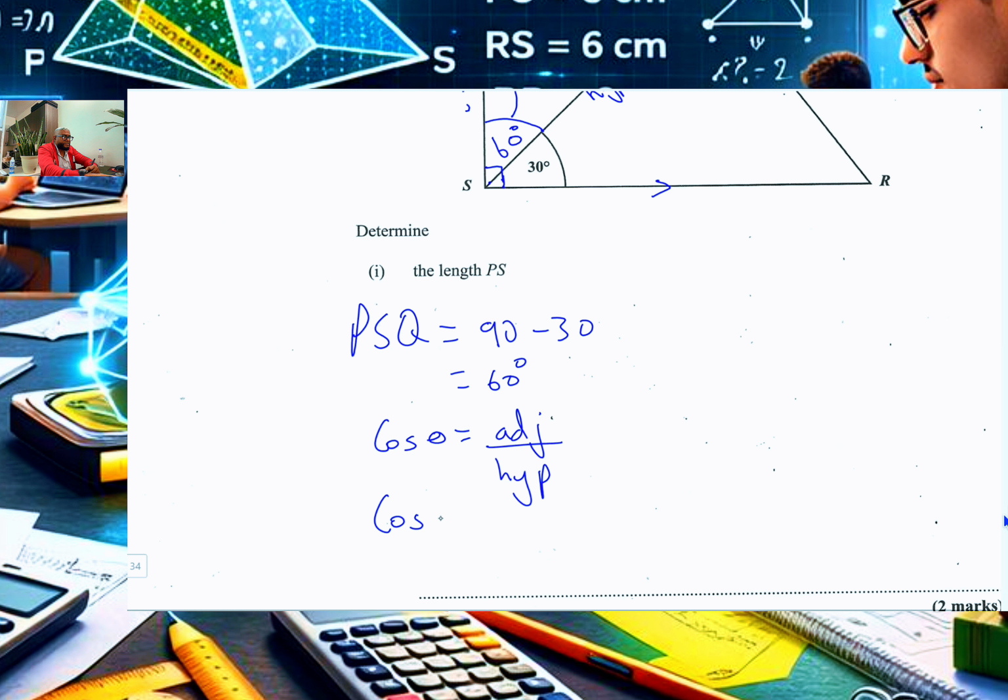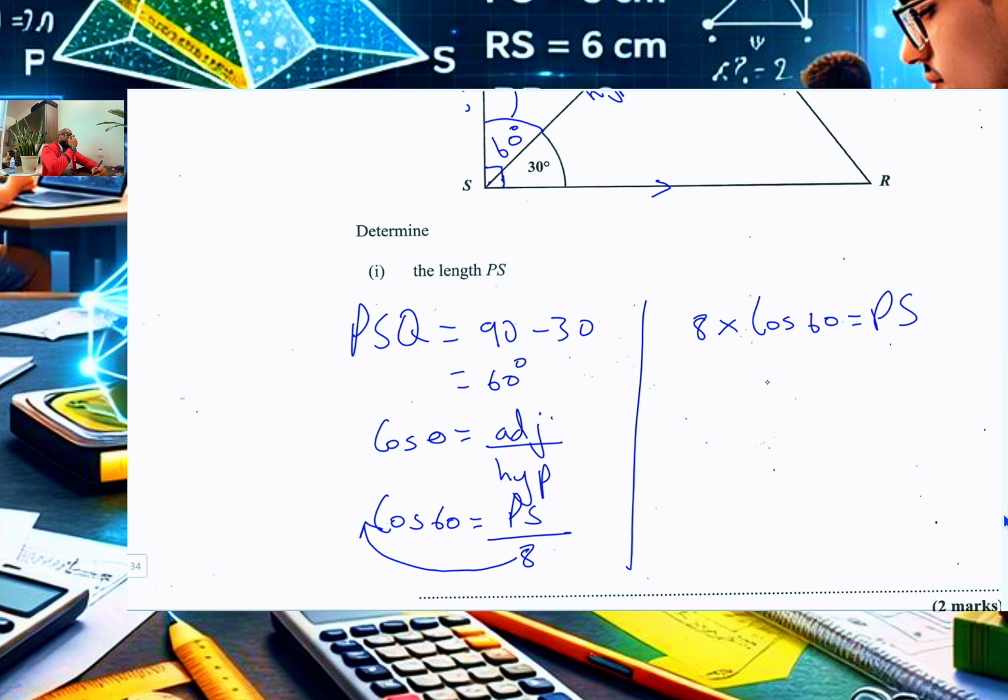So the cosine of 60 is equal to adjacent, which is PS, over hypotenuse, which is 8. So 8 multiplied by cos 60 would give me PS. What are we getting PS to be? 4 centimeters.